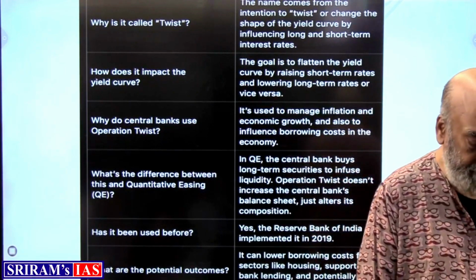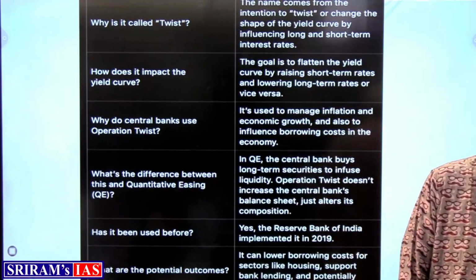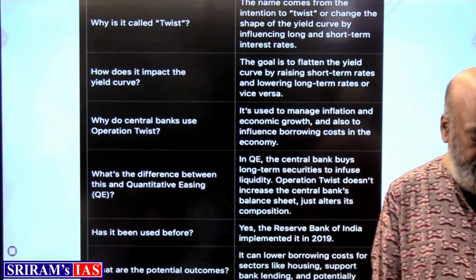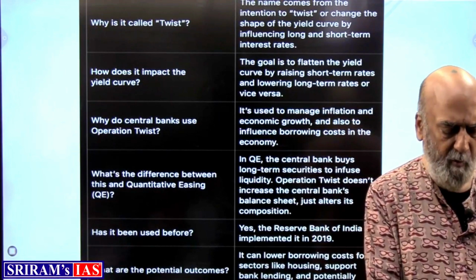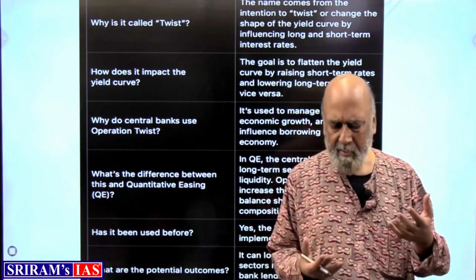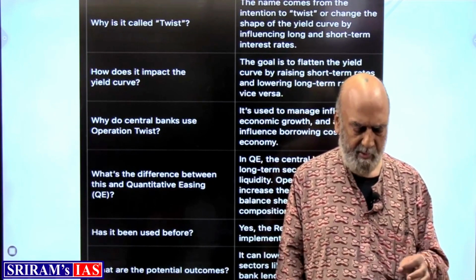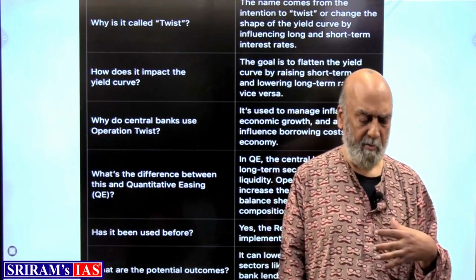Yield curve. Inverted, yeah. Short term, supply is more than the demand, therefore the more I want to sell. Originally, I said I'll give you only 2%. You said okay, the demand is very high.